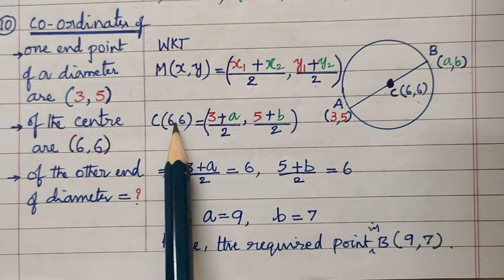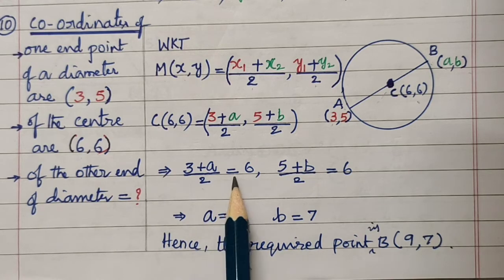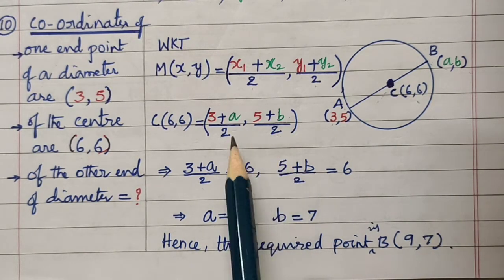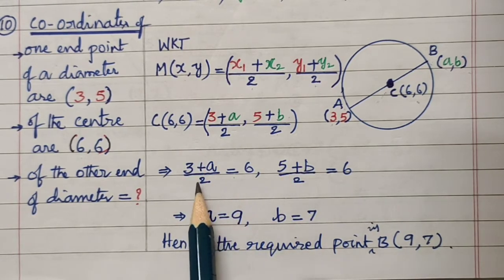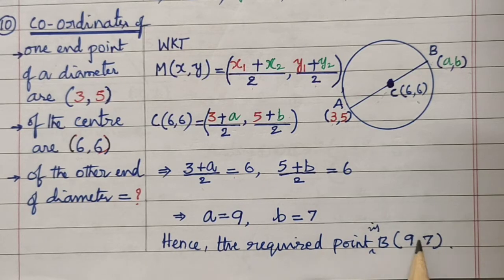We equate this with 6 and this with 6. (3 plus a) divided by 2 is equal to 6. (5 plus b) divided by 2 is equal to 6. By equating these two, after calculations, we get a is equal to 9, b is equal to 7. Hence the required point is given by the coordinates (9, 7).